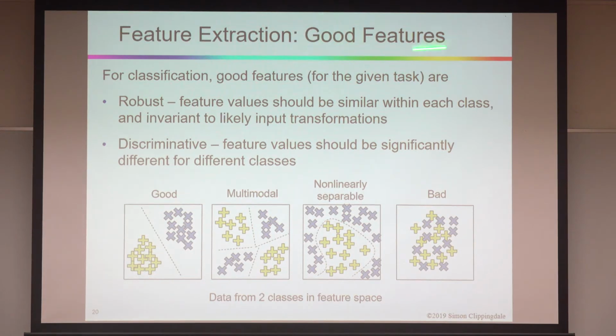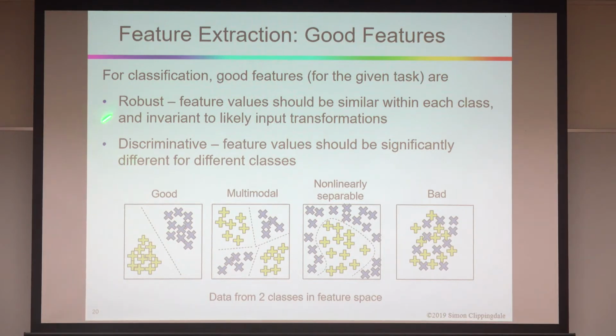So what is a good feature? The answer is that for classification, good features depend on the task, and they should be robust so that they should be similar within each class. So for example, all views of a single person's face with different lighting conditions, different head angle, different facial expressions, and so on, ideally should give you similar feature values, and the values for different people's faces should be significantly different if possible.